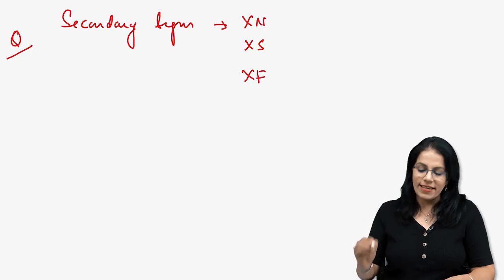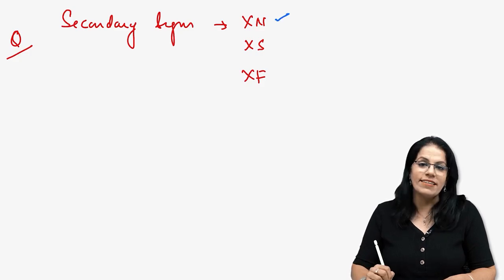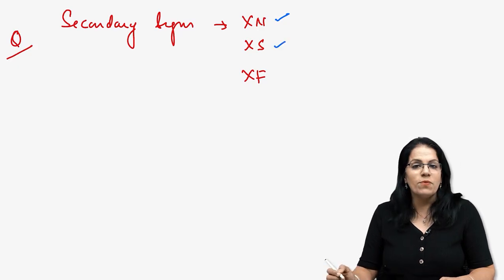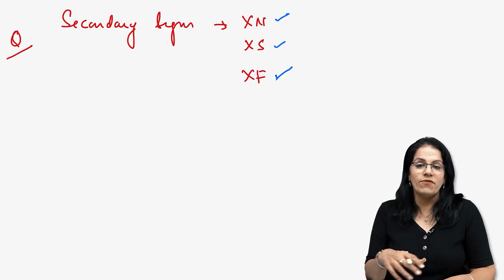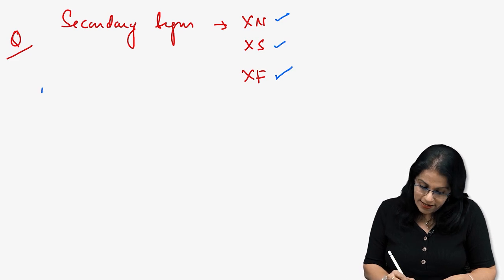So let's think together. There are other causes of nyctalopia, night blindness. There are other causes of corneal scarring, corneal opacity due to scarring. And XF, we have other causes of white spotted fundus. That's what you get, white spotted fundus. So these are secondary signs, rest are primary signs.